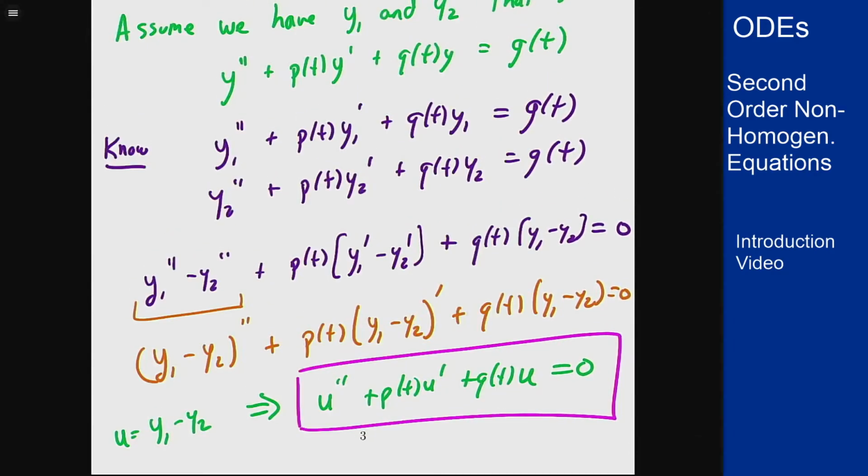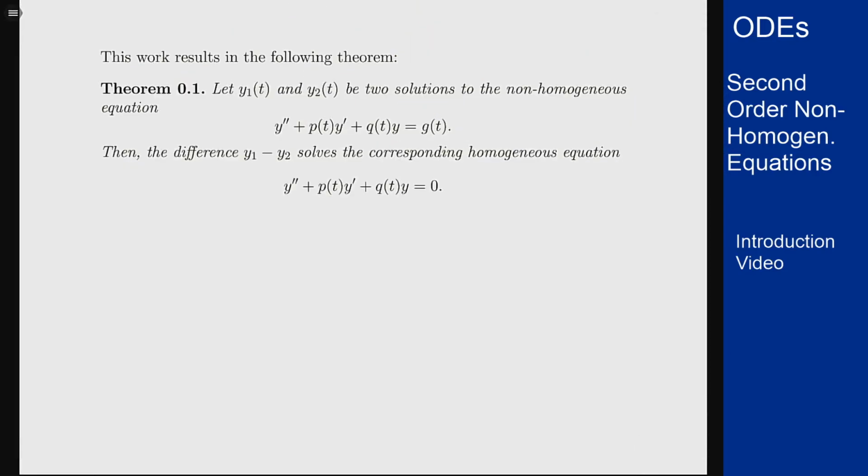So if I have two solutions to the non-homogeneous problem, I know for a fact that their difference will satisfy the corresponding homogeneous problem. And that gives rise to the following theorem, which says exactly that. If I have two solutions, y1 and y2, that solve the non-homogeneous equation with the g(t) on the right, then their difference solves the corresponding homogeneous equation, now with a 0 on the right side.